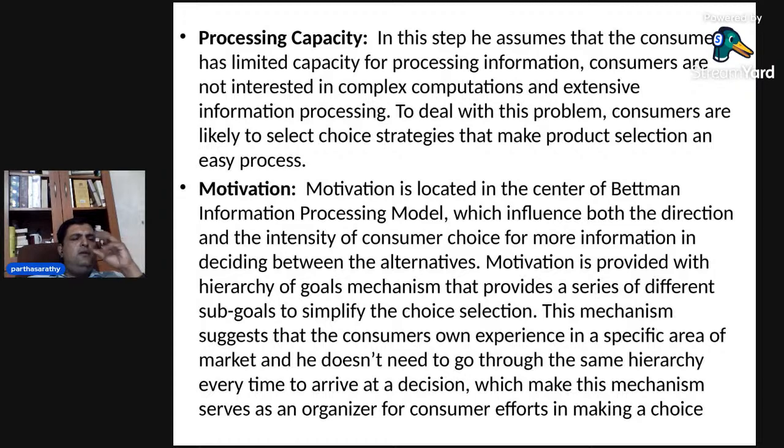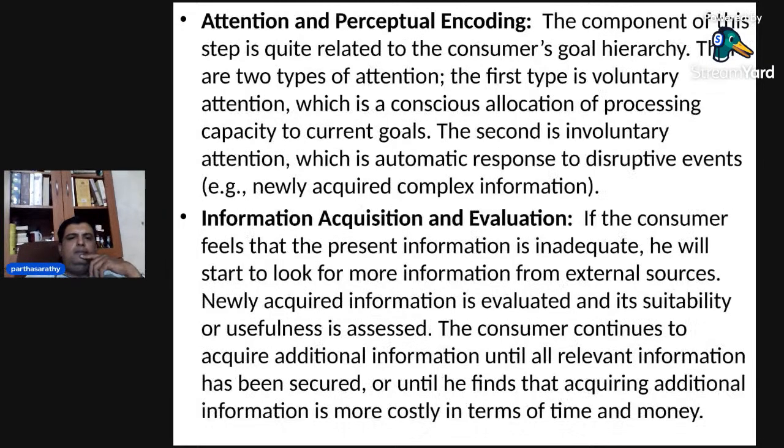So the role of the advertising, from the organizational point of view, is to create that motivation. It is provided with a hierarchy of goals mechanism and provides a series of different sub goals to simplify the choices of selection. If it is made too complex, it becomes very difficult for the customer. So this mechanism suggests that the customer's own experience in a specific area of market means he does not need to go through some hierarchy every time he arrives at a decision.